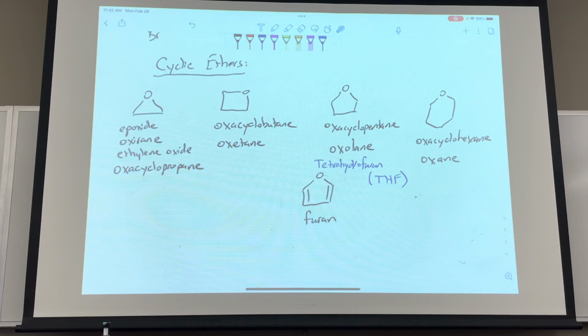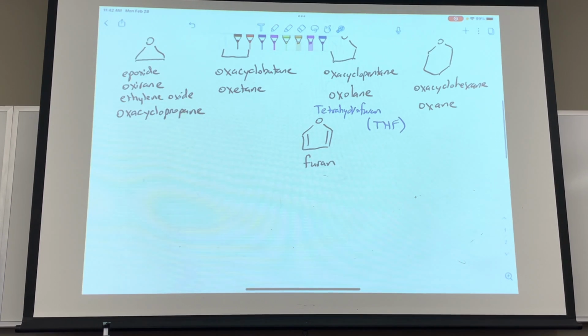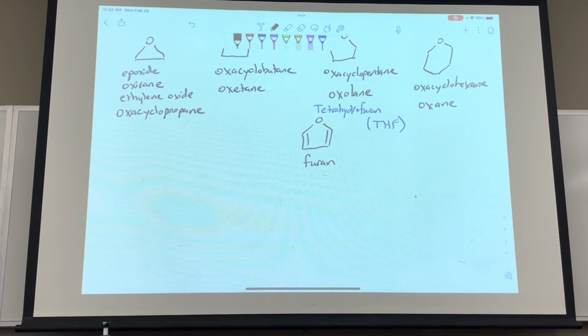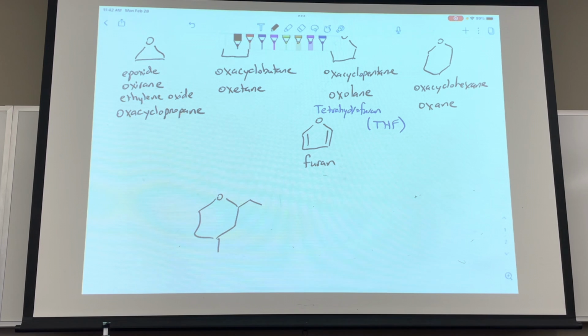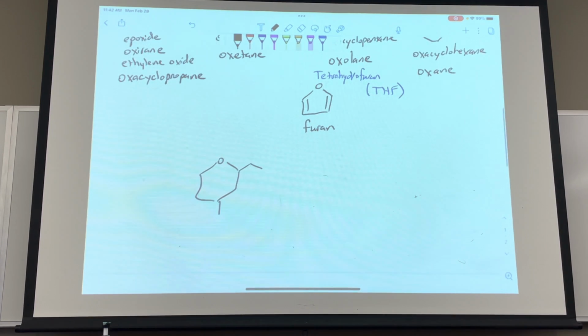Okay, so let's look at how we might use some of these names to name one of the cyclic ether compounds. They're very easy. Let's do something like this. The only trick here is, when you're naming cyclic ethers, you always start numbering at the oxygen.